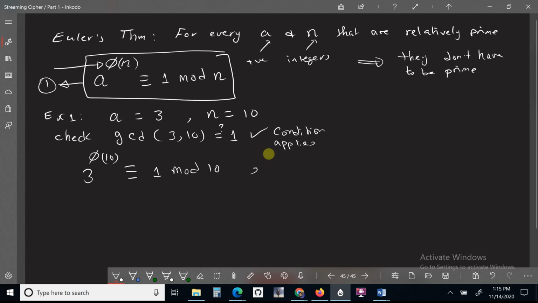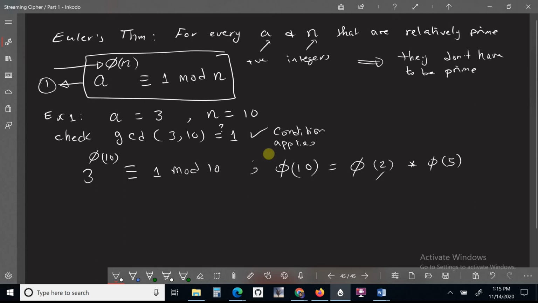So here we have to evaluate phi of 10, which means we need to find the number of integers less than 10 that are relatively prime with 10. Again, as we learned from previous examples, we can express this as phi of 2 times phi of 5.